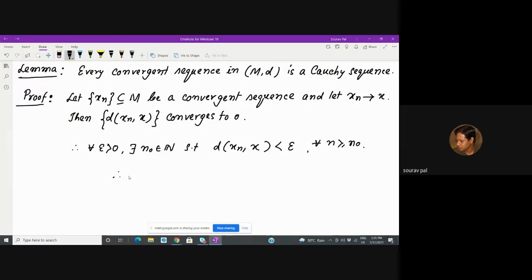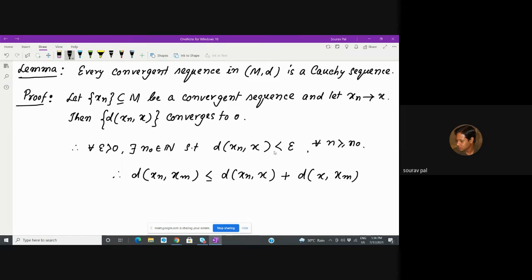Therefore, one can easily see that d of xn, xm, as was suggested, by the triangle inequality is d(xn, x) plus d(x, xm).